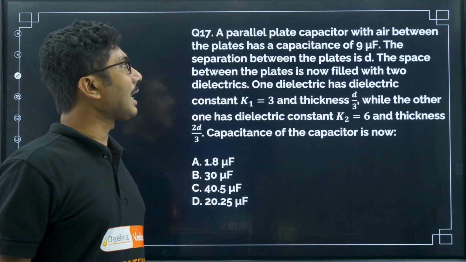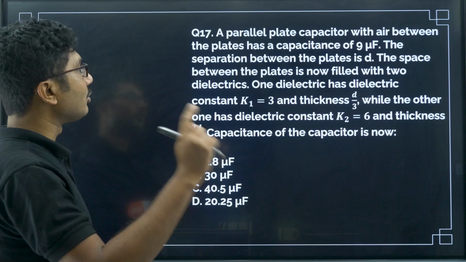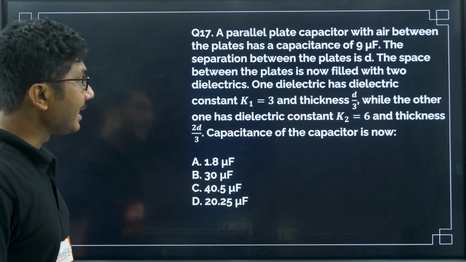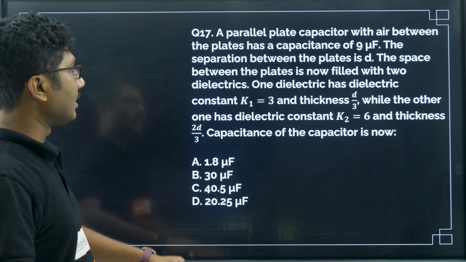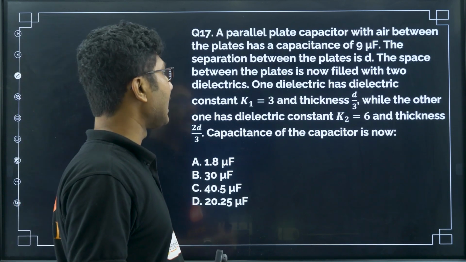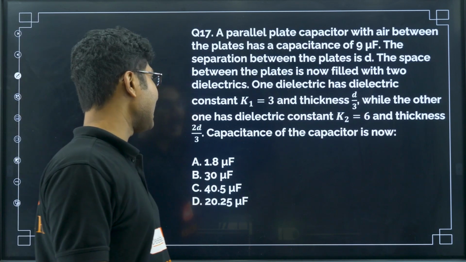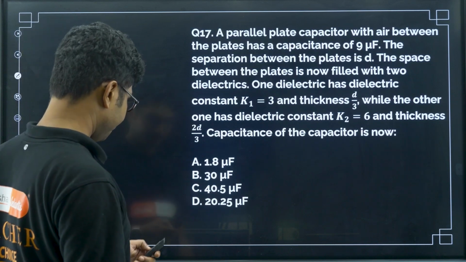A parallel plate capacitor with air between the plates has a capacitance of 9 microfarad. The separation between the plates is D. The space between the plates is now filled with two dielectrics. One dielectric has a dielectric constant K1 equal to 3 and thickness D by 3, while the other has a dielectric constant K2 equal to 6 and thickness 2D by 3.